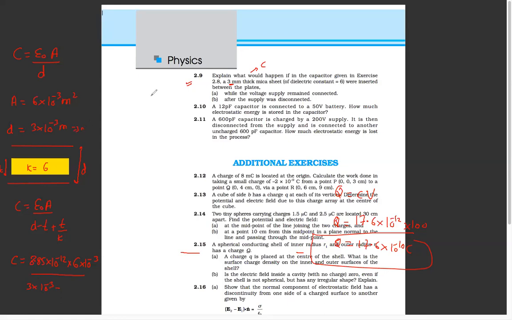So this is not partially filled, this is fully filled, sorry. This filled the whole space.